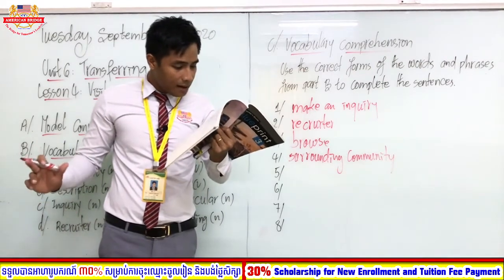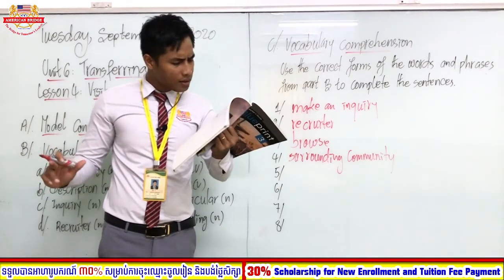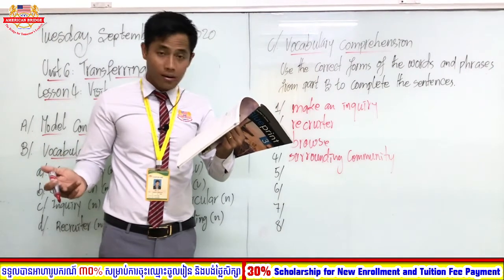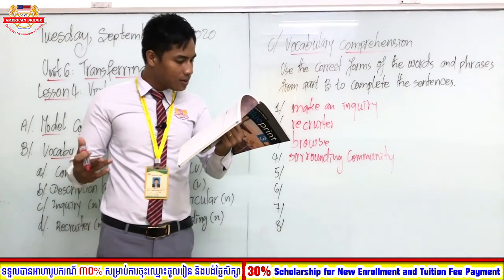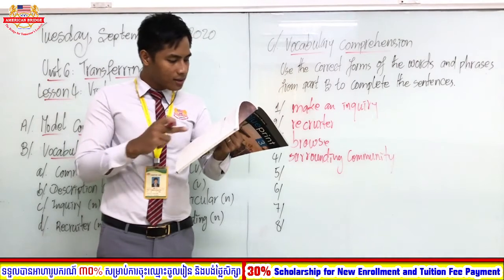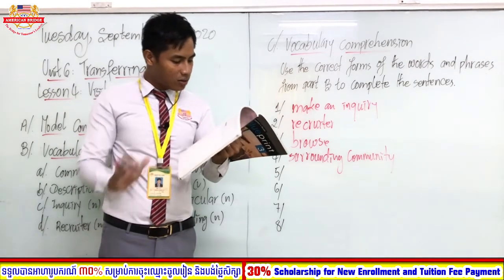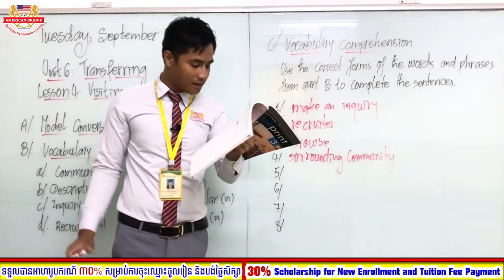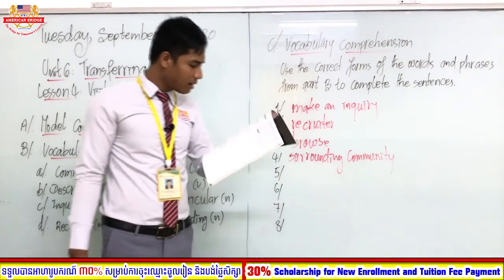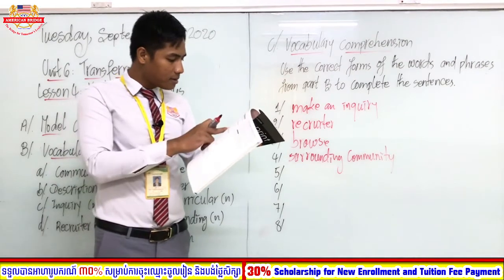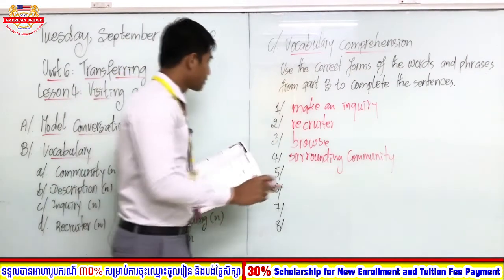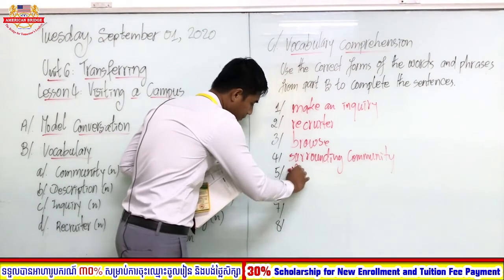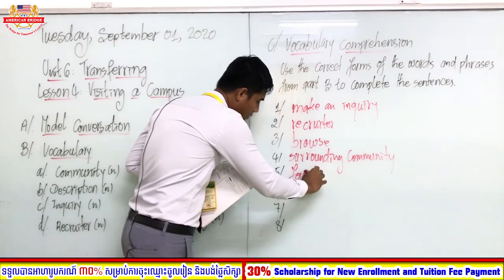Next blanks, so blank number 5. I blank there's a hospital. This can be explore or know or what, students? It means he or she knows that there is a hospital and a shopping mall and nature parks nearby. So it is a phrase: found out.